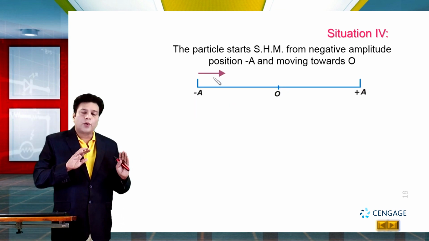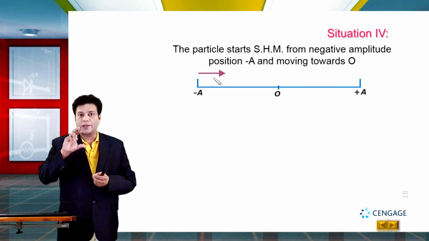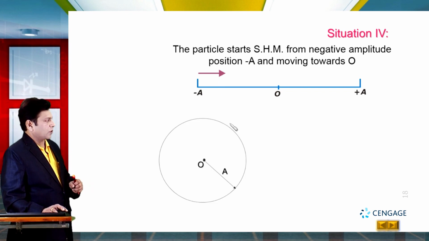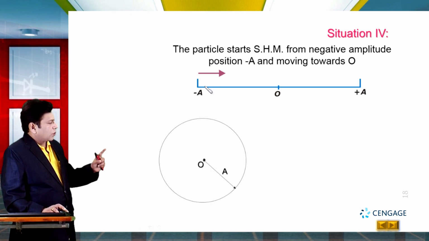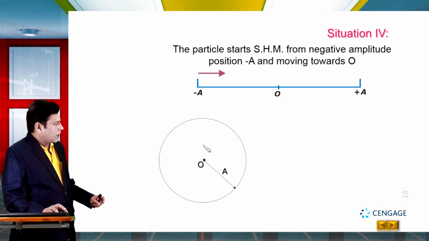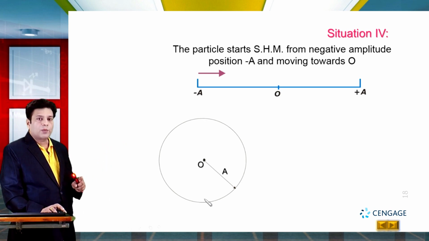Here also we need to repeat the same steps, that is, we first make a circle of radius A. You can observe in this diagram, the particle starts oscillating from the negative amplitude position, and in the circle's vertical diameter, the top point is the positive amplitude position and the bottom point is the negative amplitude position.